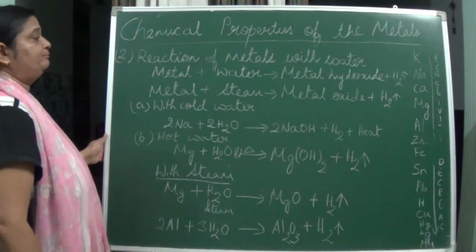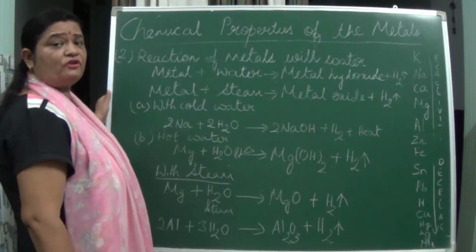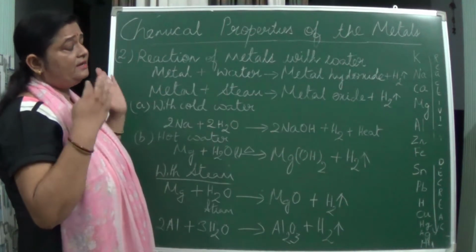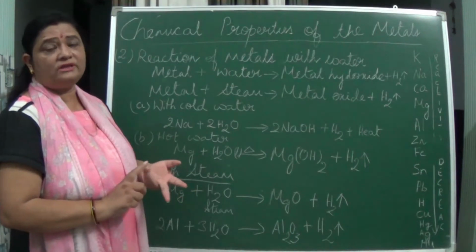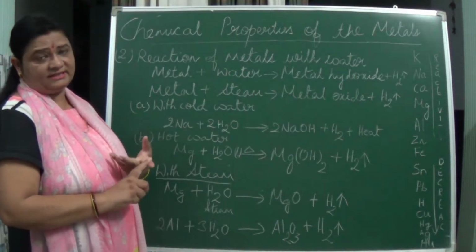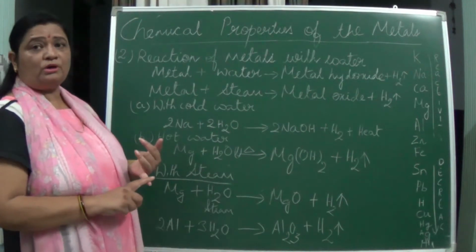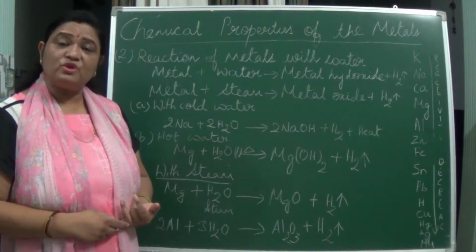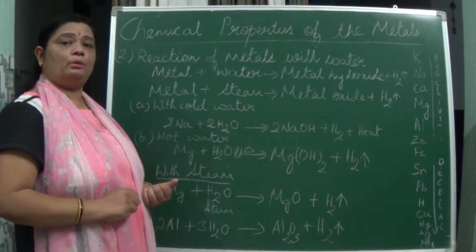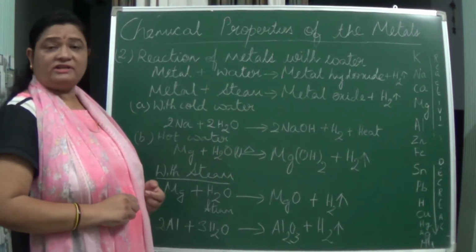Now what happens when there is reaction of metals with water? Actually they react in a different manner, with cold water, with hot water, and with steam. We will be studying it. As soon as I say cold water, you will understand that the most reactive elements will react with the cold water, isn't it? So the most reactive elements are potassium, sodium and all.